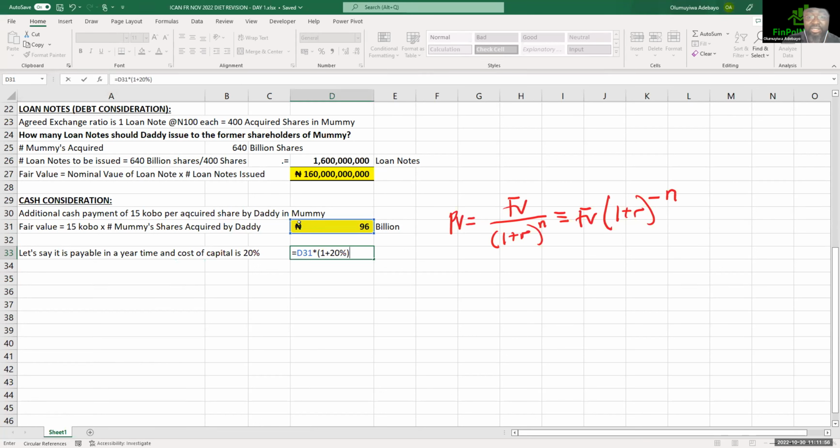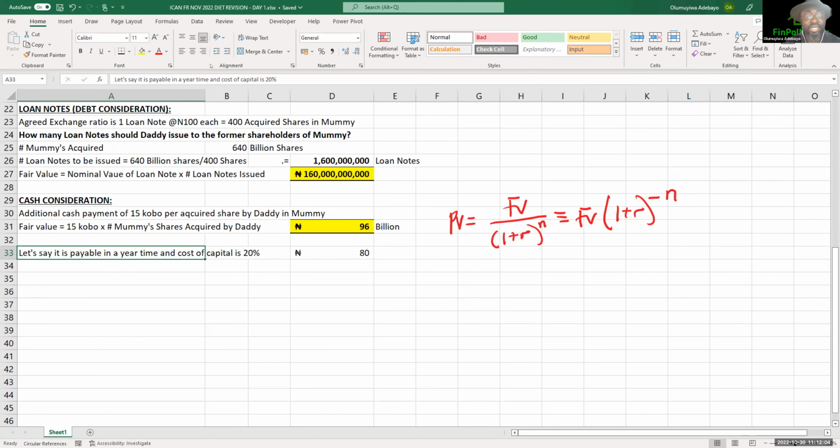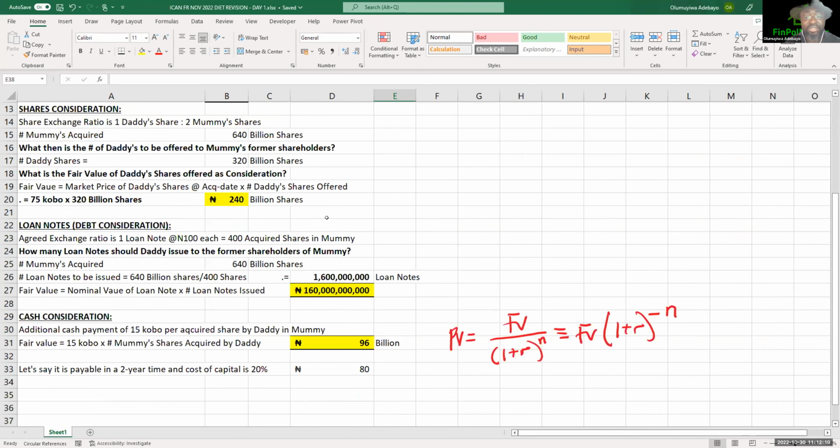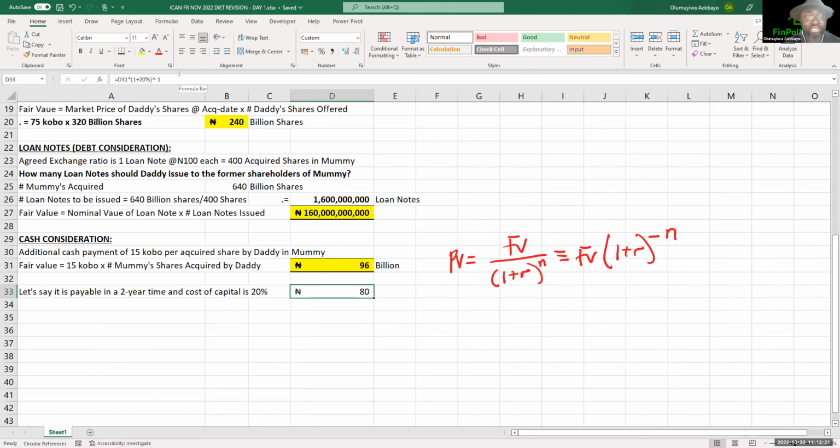And remember, to get your discount factor is by the formula I've expressed. Which means that this is 80. If it is 2 years, for example, in a 2-year time, remember, you determine the number of periods based on the dates between acquisition and when the payment will be made. In this case, I'll just change this to 2, and it becomes 67, like that.